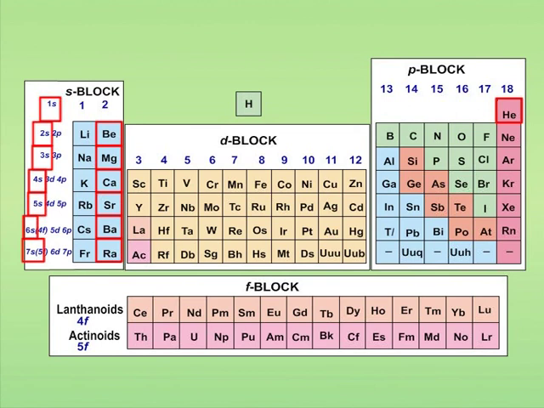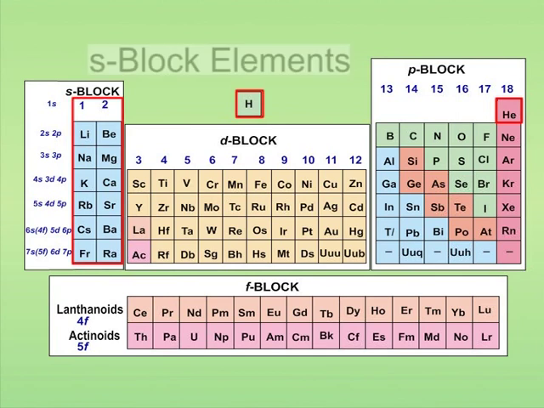Hence, these elements also belong to the s block and have ns2 as their general outer shell electronic configuration. Thus, the elements of groups 1 and 2, including hydrogen and helium, in which the s orbitals are being progressively filled, are called s block elements. In all, there are 14 s block elements in the periodic table.